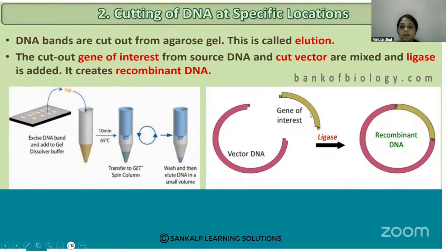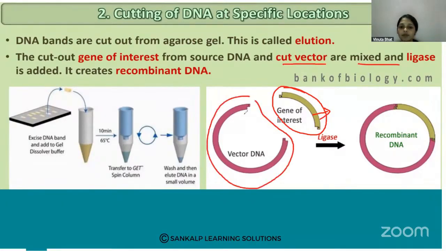So this is the gene of interest obtained from the source DNA, and we obtain this by the gel electrophoresis process. Then the vector is mixed, this is the vector DNA that we obtain from the host, right?